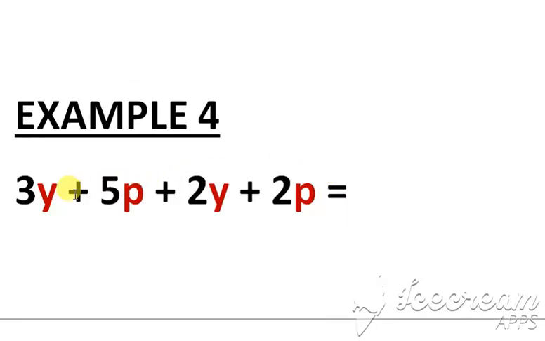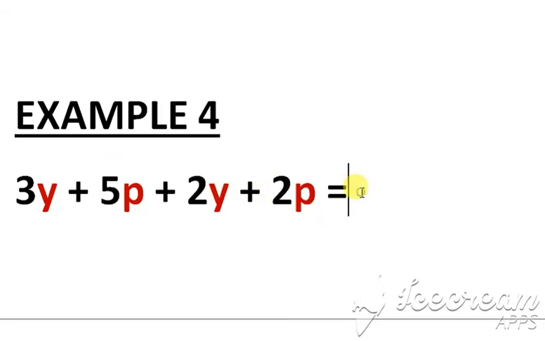Now, let's look at example 4. Example 4 says 3y plus 5p plus 2y plus 2p. In this case, how many numbers have the same variable here? We have 3y having the same variable as 2y. Is that okay? Then we also have 5p having the same variable as 2p. Is that okay?